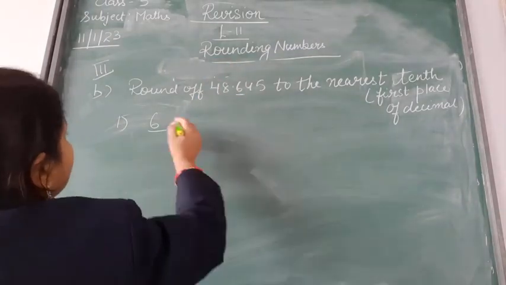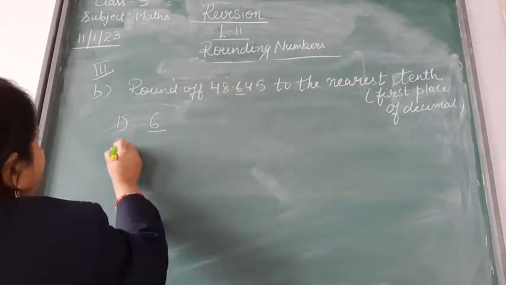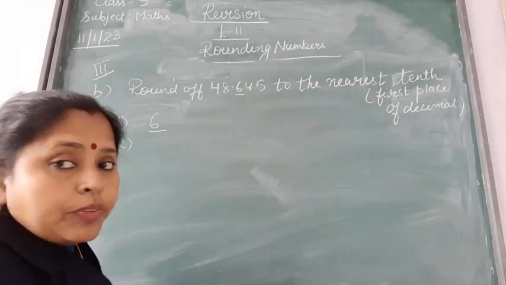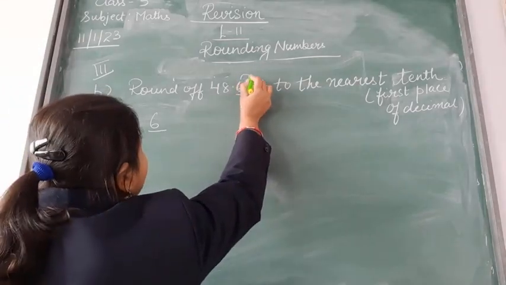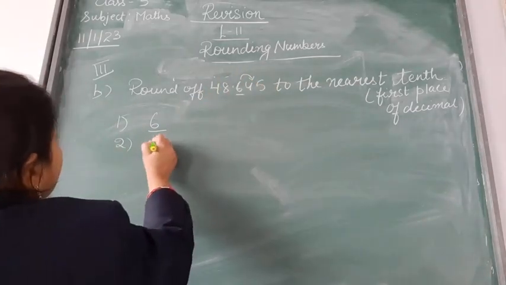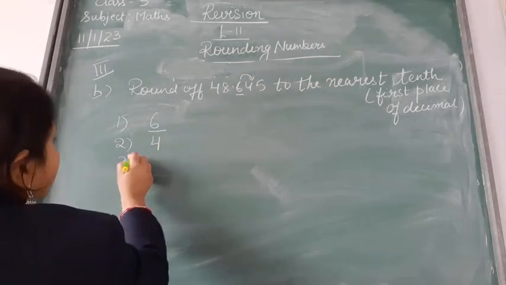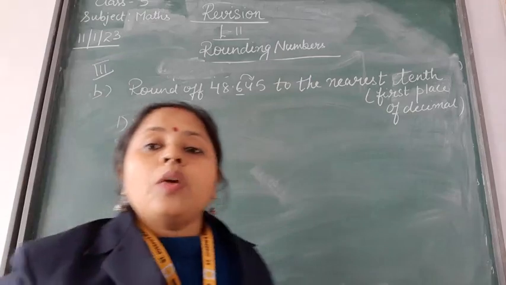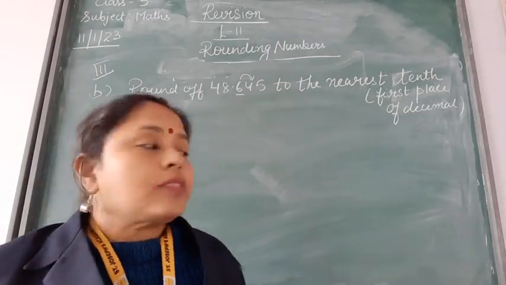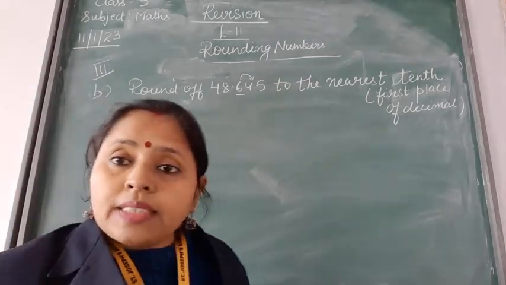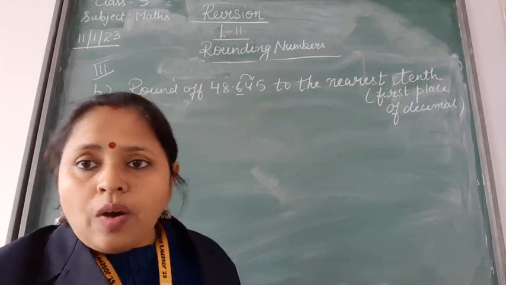So now children, we will underline that digit. In the next step, what will we do? We will see the digit on the right hand side of the 10th place. So the digit on the right hand side of the 10th place is 4. And in our third step, we will check whether the digit on the right hand side of the 10th place is bigger than 5, equal to 5 or less than 5.